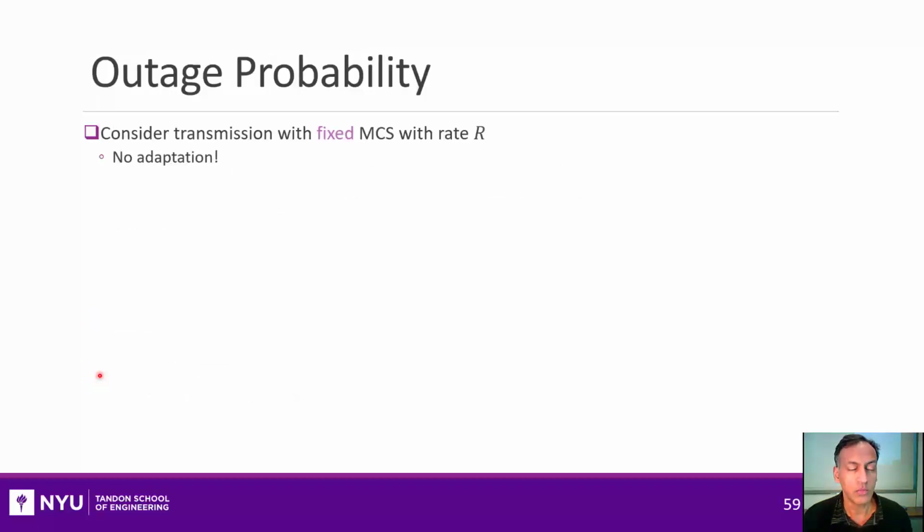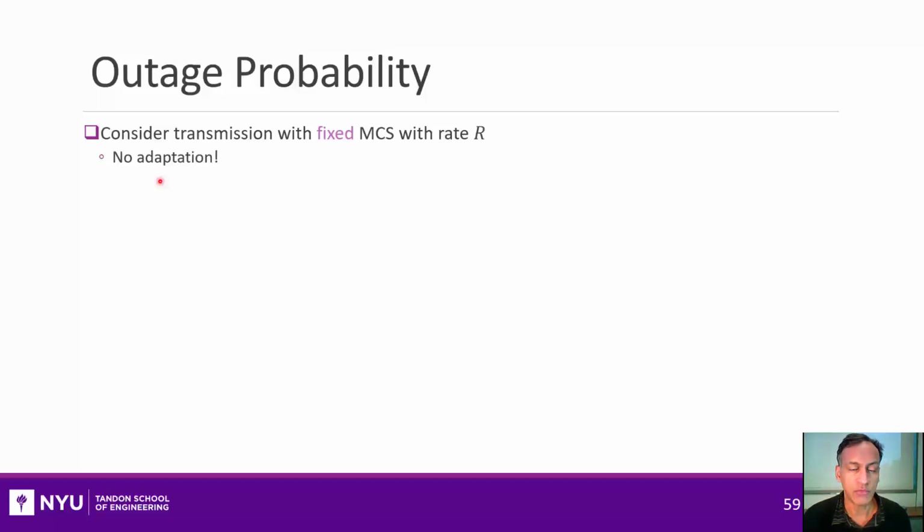All right, just to give you a hint of the kinds of things you can do with a statistical model, let's look at outage probability. I'm going to return to this later on when we think about link adaptation, but I just want to give you a hint about the use of these things. So just for simplicity, imagine you have transmission with a fixed modulation coding scheme with a rate R, so there's no adaptation.